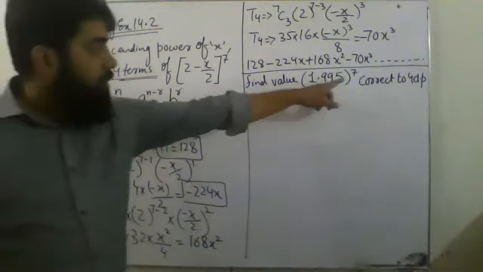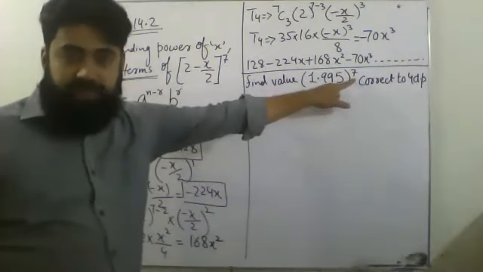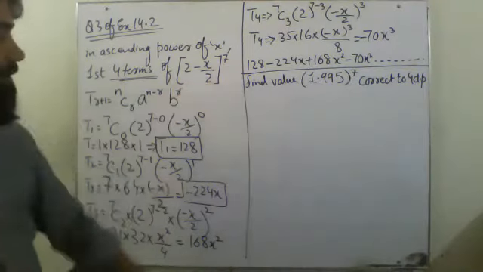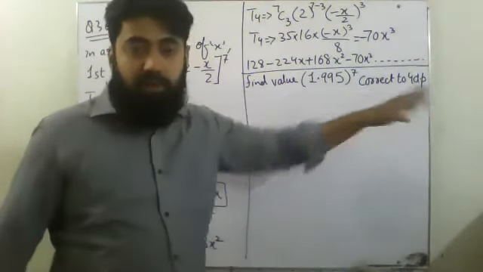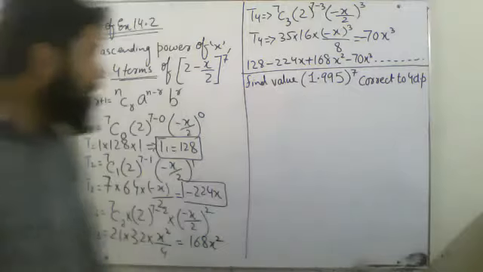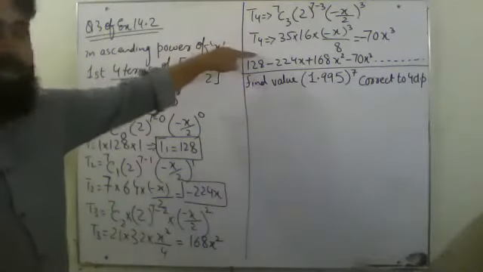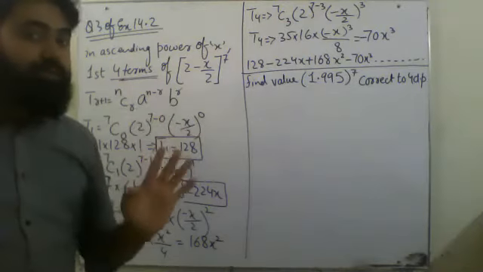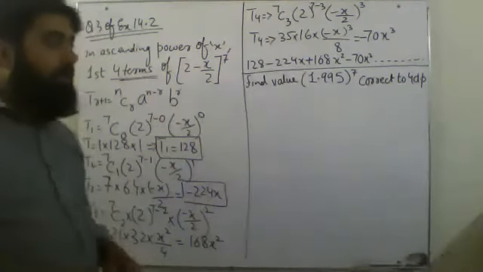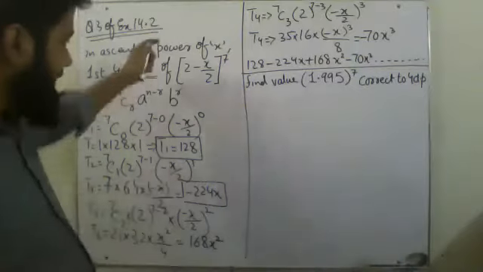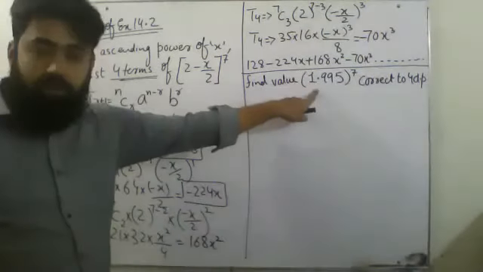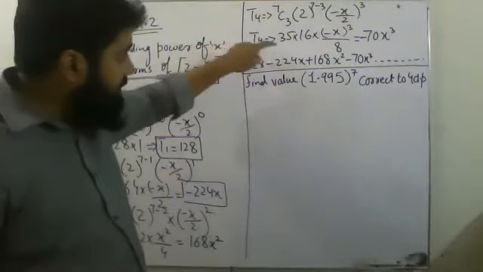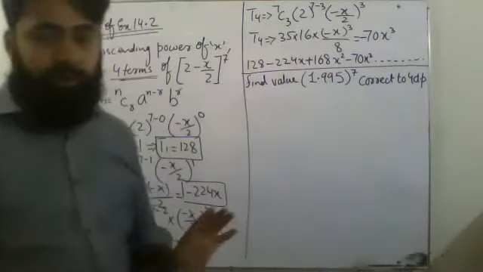Second thing, whole power 7, whole power 7. Over here they have asked for till 4 decimal places. Over here I have expanded it till 4 terms. So these are the things you have to keep in mind: if questions are connected like this, it means this question will be solved not directly, but by using the answer of the first part.